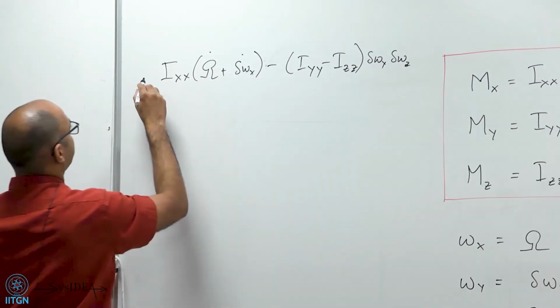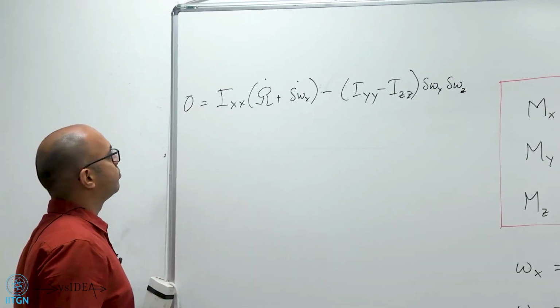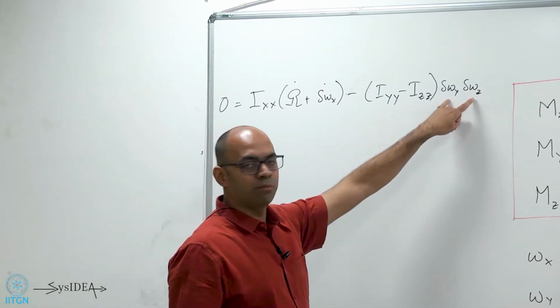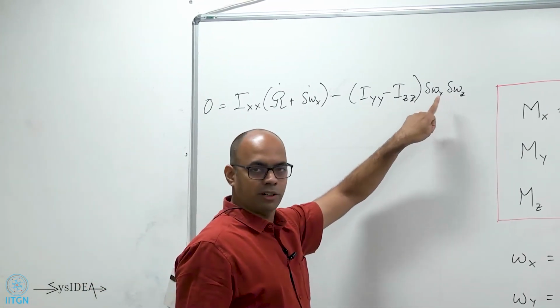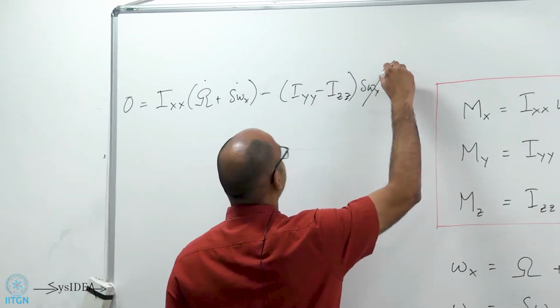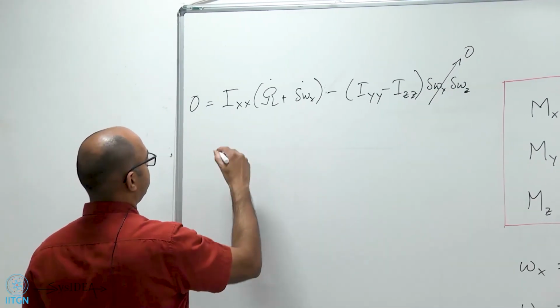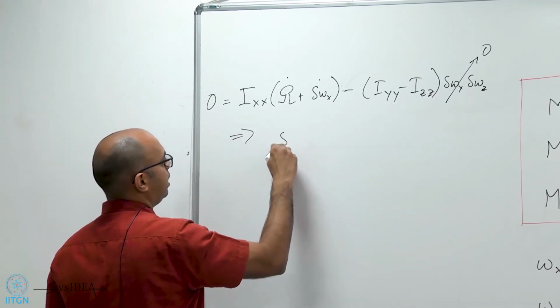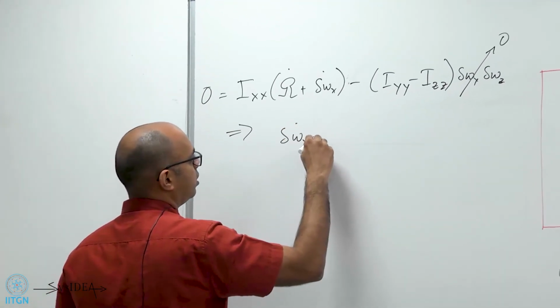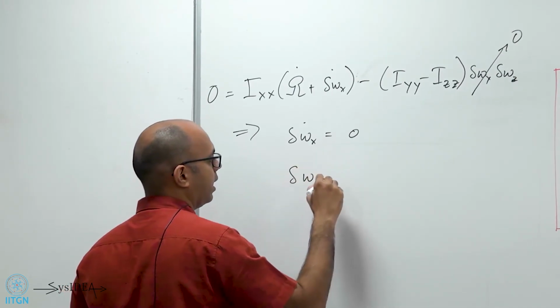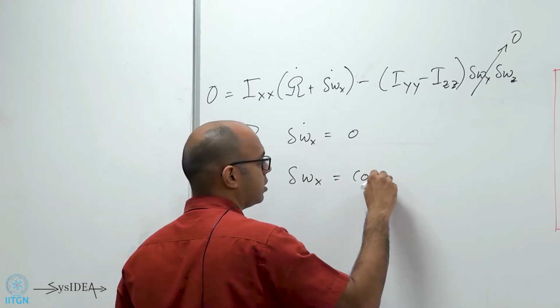This whole thing is equal to 0. This is constant, so the derivative of this is 0. These are both small, so the product of 2 small things we can neglect. That gives us delta omega x dot is equal to 0, or in other words, delta omega x is equal to constant.